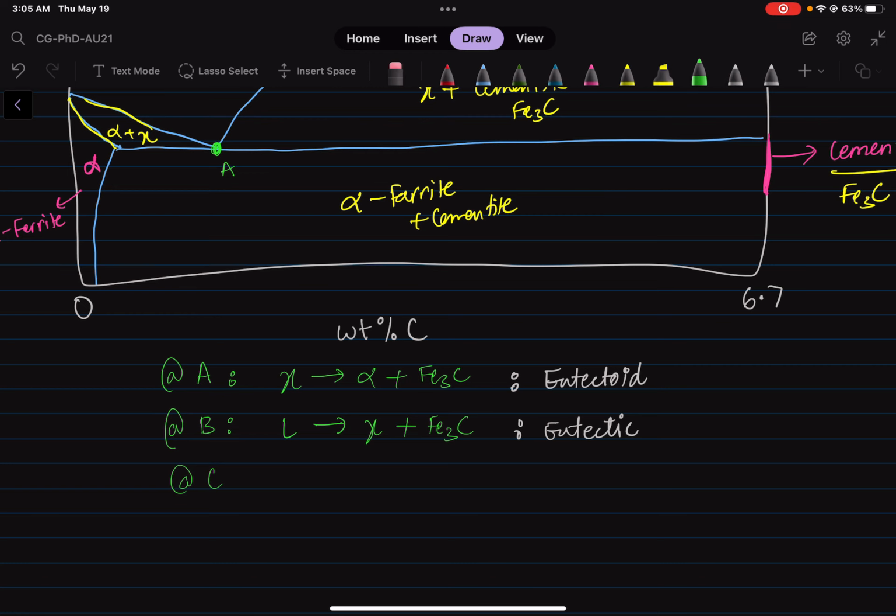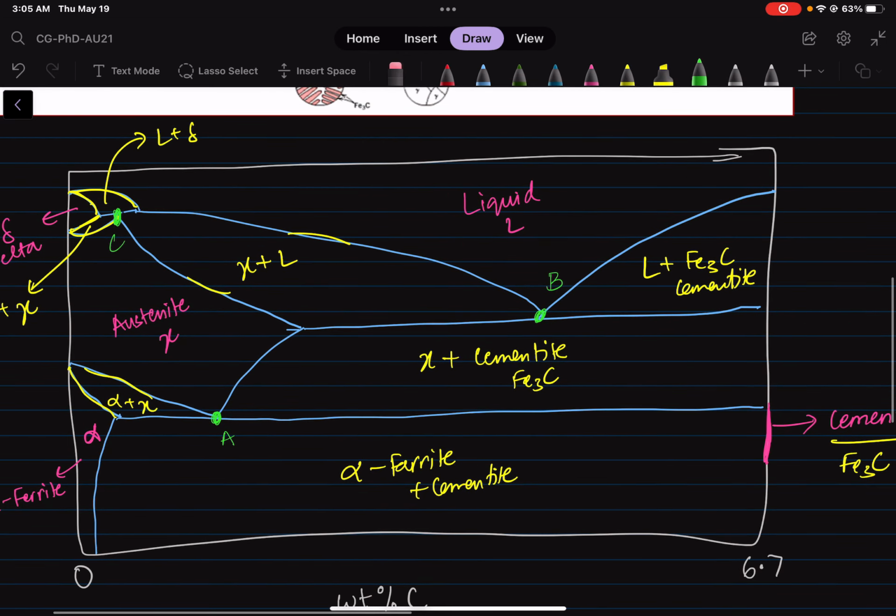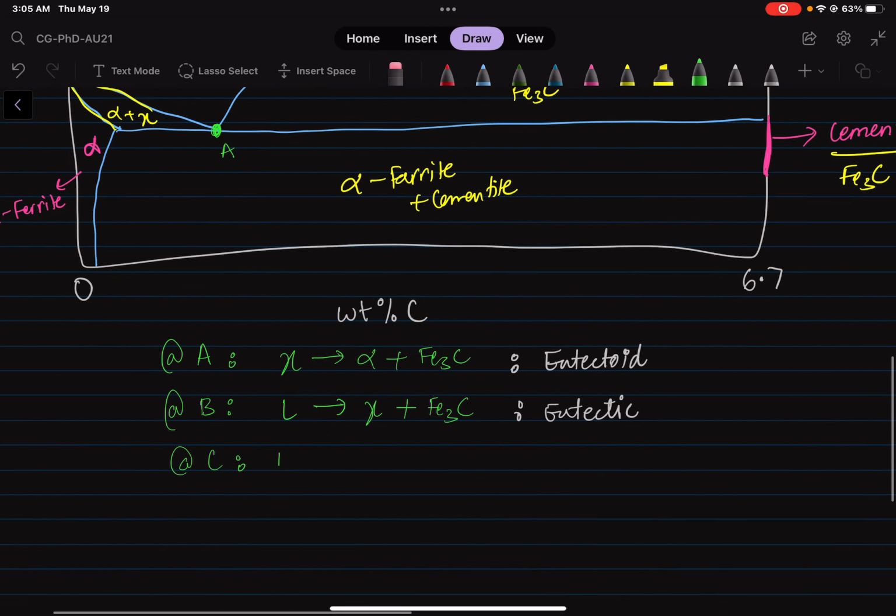At point C, which is at the top, you have liquid plus delta going to gamma, and we know that is an example of a peritectic reaction.